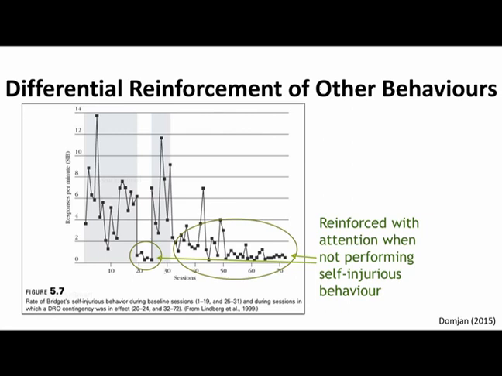We can end up using this process of differential reinforcement of other behaviors to try and get away from that accidental or unintentional reinforcement of bad behaviors. So if you have a child who shouts for attention, instead of giving them attention, maybe you ignore them.